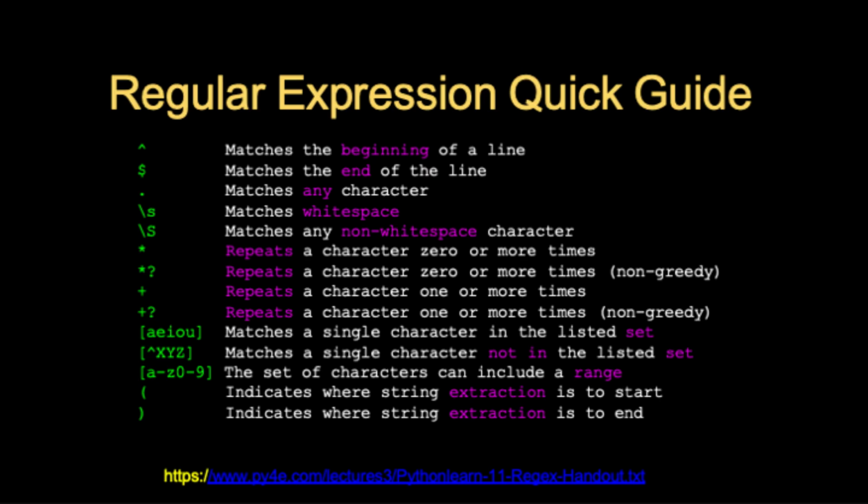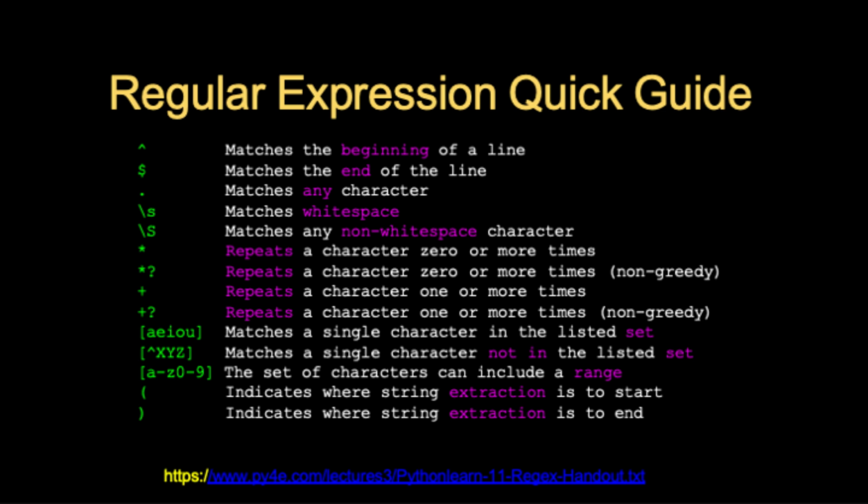The asterisk * means repeat the previous character 0 or more times. Adding a question mark after it, as in *?, makes it non-greedy, a concept we will explain shortly. Similarly, the plus sign + means repeat the previous character 1 or more times, and +? is its non-greedy counterpart.